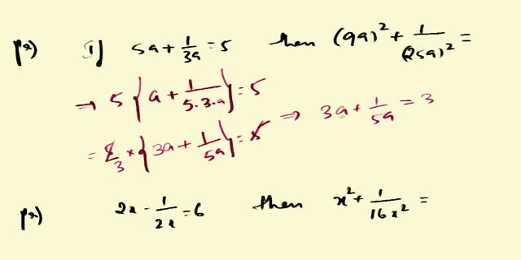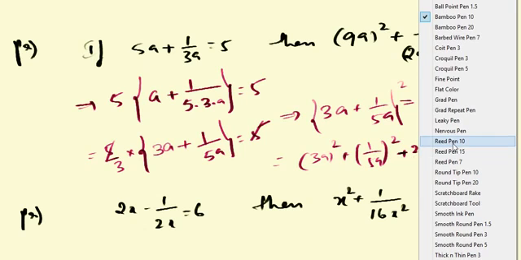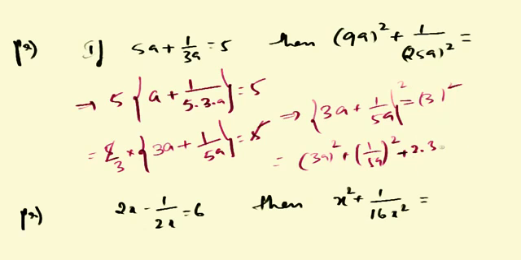It will become 3. Now what are you asked to find? 9a square plus 1 by 25a square. So try to square both sides, and we will see what happens. This will become 3a plus 1 by 5a whole square, plus 2 into a into b, is equal to 9.